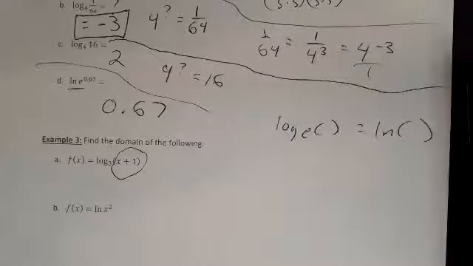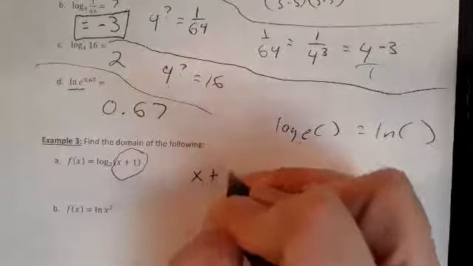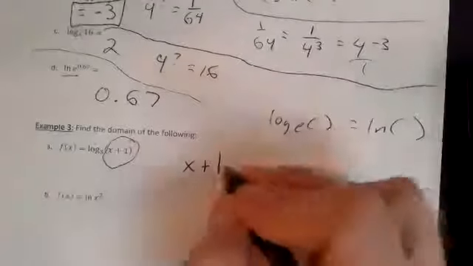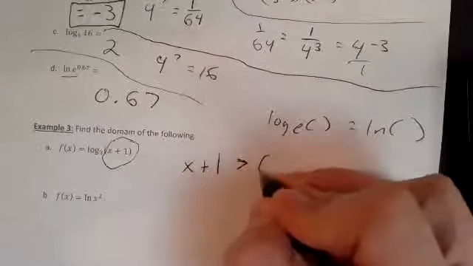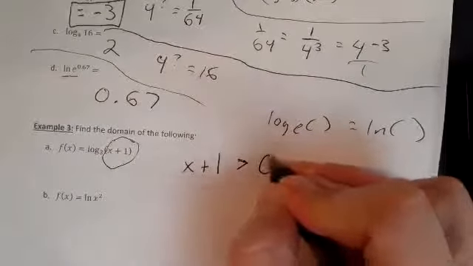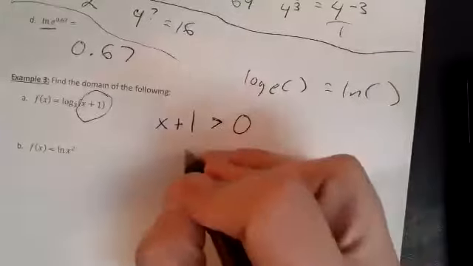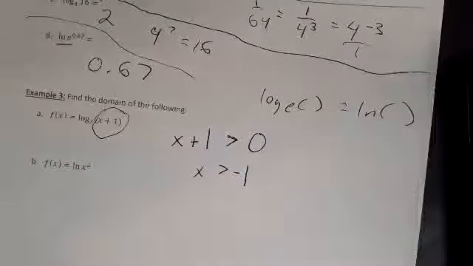But now the thing I'm plugging into my log is not an x anymore, it's an x plus 1. This has to be greater than what number? 0, to keep it positive. If that's true, we can subtract 1 from each side, and x has to be greater than -1.